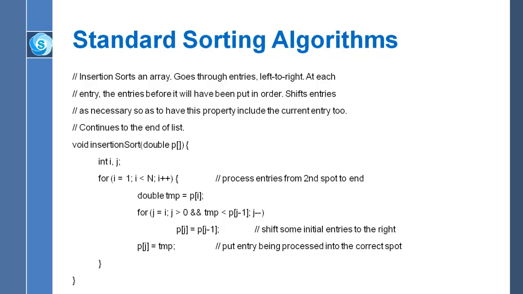This is done because, in order to maintain or to force the correct ordering of the initial portion of the array, it's going to be necessary to sometimes shift entries from left to right. And so what's in position I in the array right now is quite likely to get overwritten in a moment inside that inner loop. And if it does, we don't want to lose the value that's in P[I].